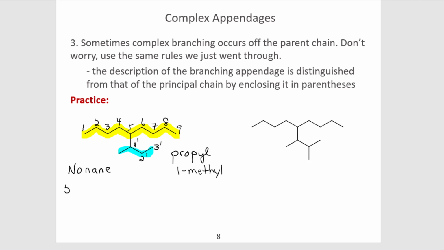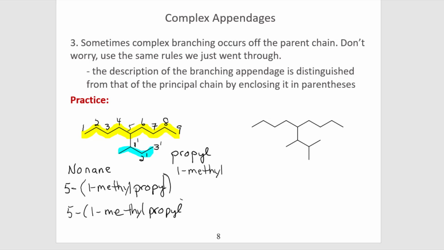The substituent is at 5, hyphen, and in parentheses, because it's its own sort of naming game, we're going to say it's a 1-methylpropyl substituent. And that 1-methylpropyl is at carbon 5 of the parent chain. So putting it all together, I have 5-(1-methylpropyl)nonane.